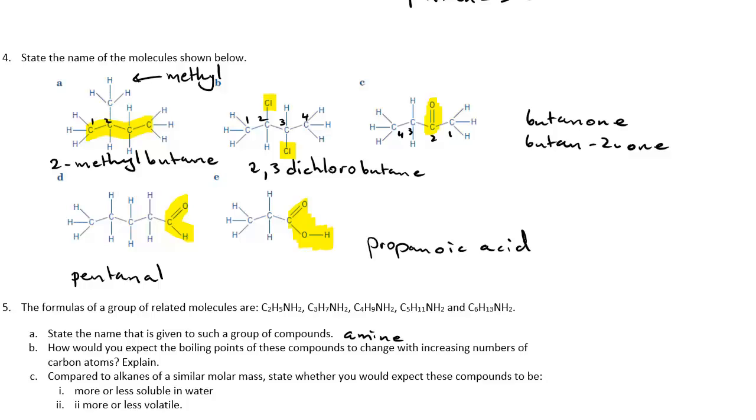And so question B asks, how would you expect the boiling points of these compounds to change with increasing numbers of carbon atoms? Explain. So probably need a little bit more space for that one.